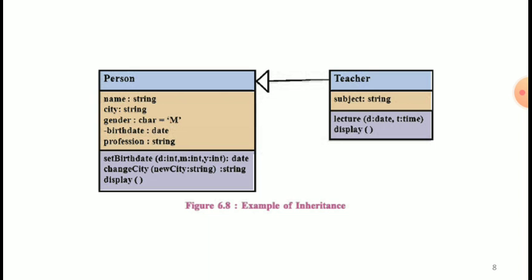So generalization is another name for inheritance or the is-a relationship. It refers to a relationship between two classes where one class is a specialized version of another. Common attributes and methods are defined in a superclass. Subclass is a specialized version with additional attributes and methods. So that is inheritance.